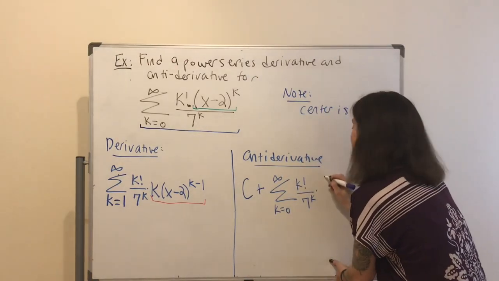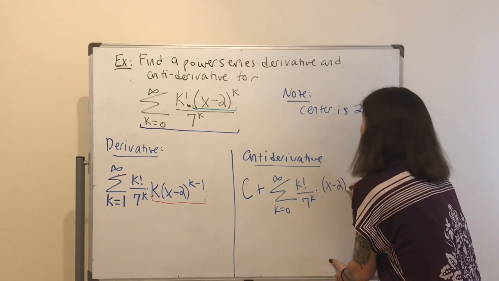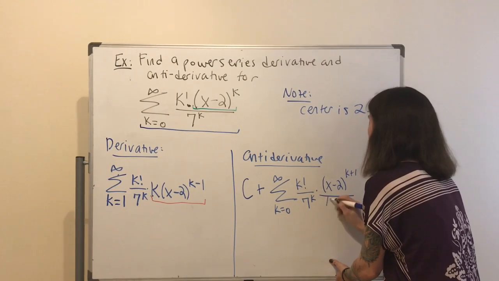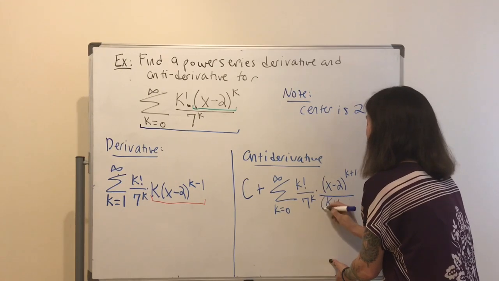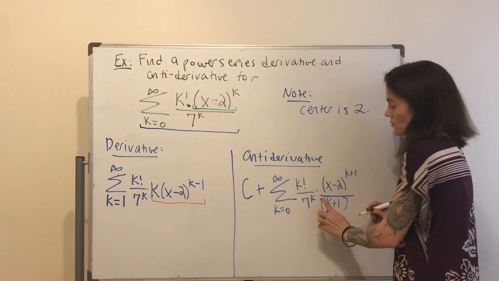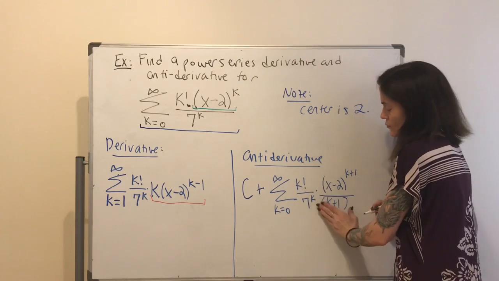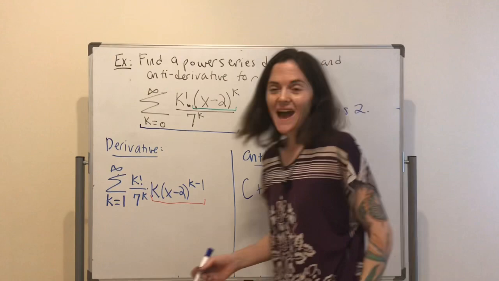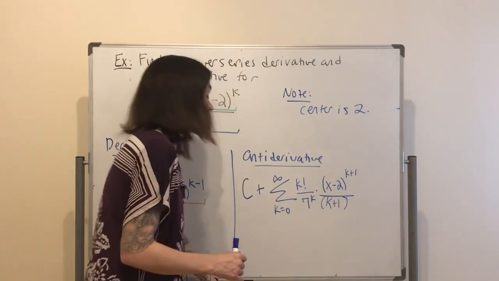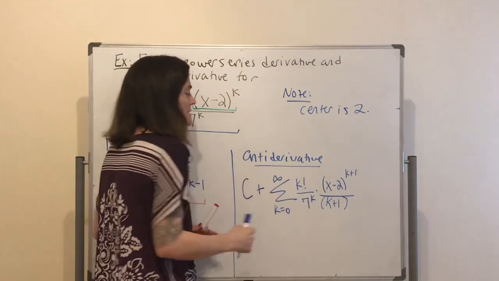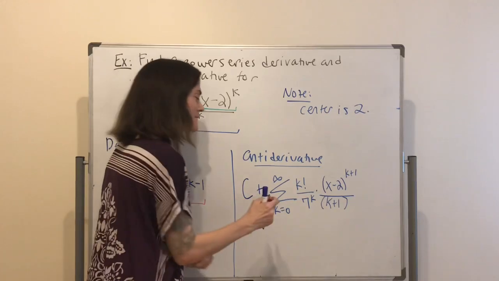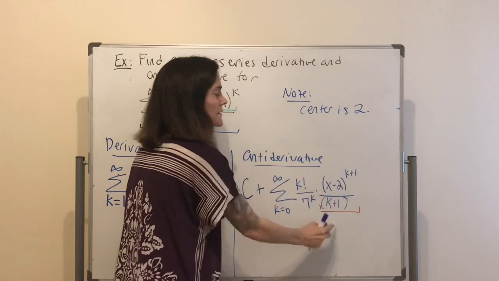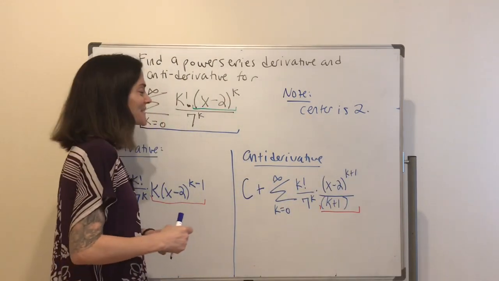So this is x minus 2 to the k plus 1 divided by the higher power, k plus 1. Maybe I'll put parentheses just so you realize there's a product here with 7 to the k. But this is the power series for the antiderivative. Well, I put the plus c, it's really all antiderivatives. And again, this was the part I integrated. Add a power, divide by the higher power, just like this.